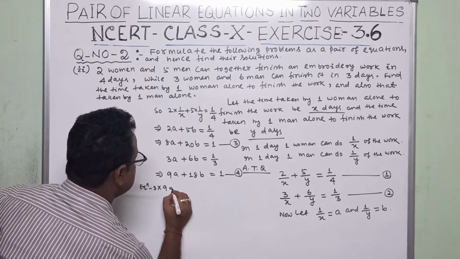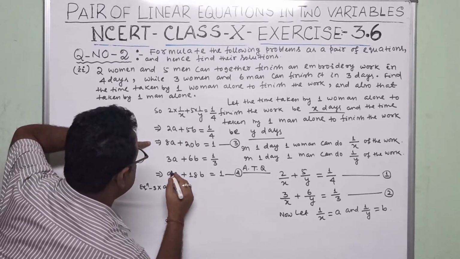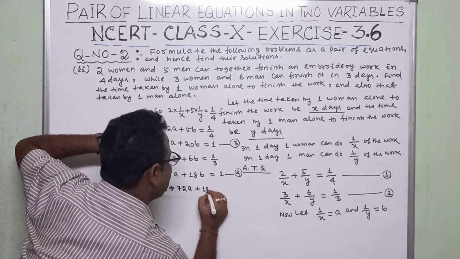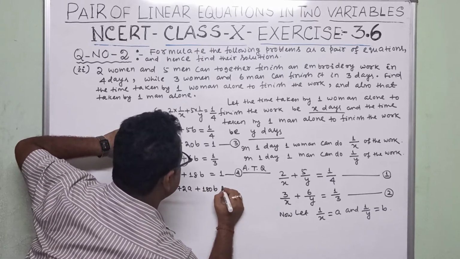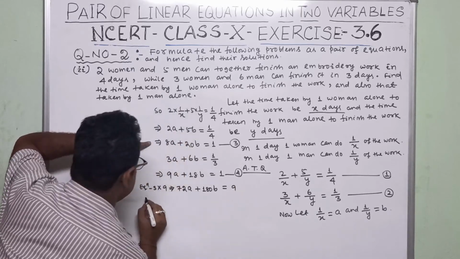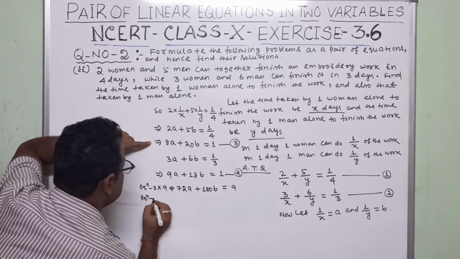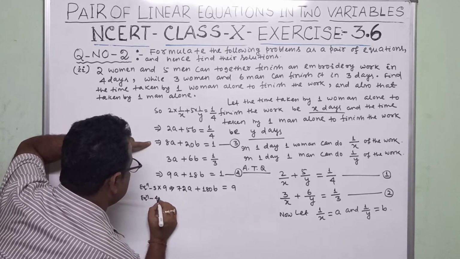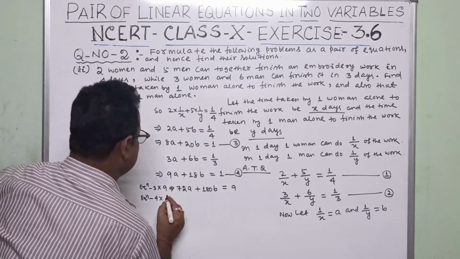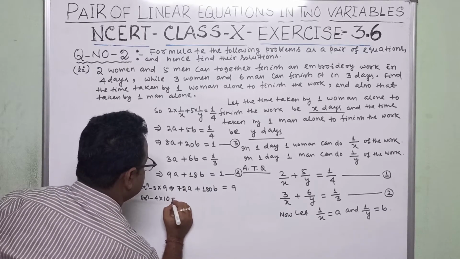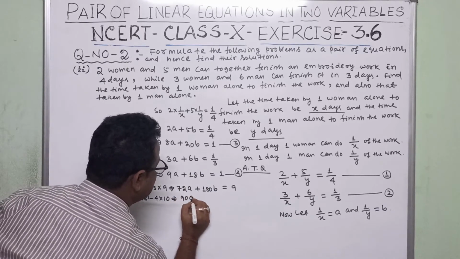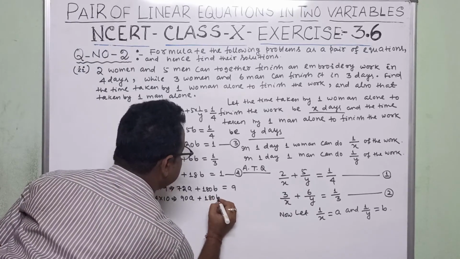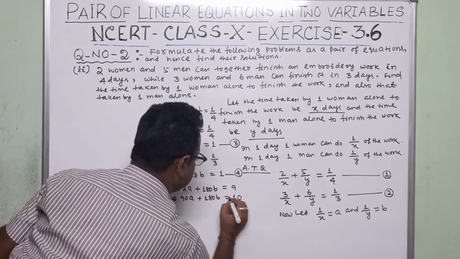That implies your 72a plus 180b is equal to 9. Now equation 4, this is your equation 4, into how much? 10. That implies your 90a plus 180b is equal to 10.